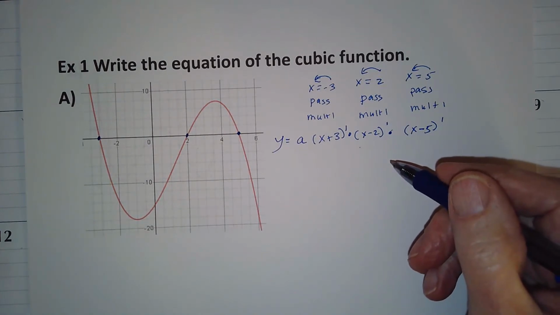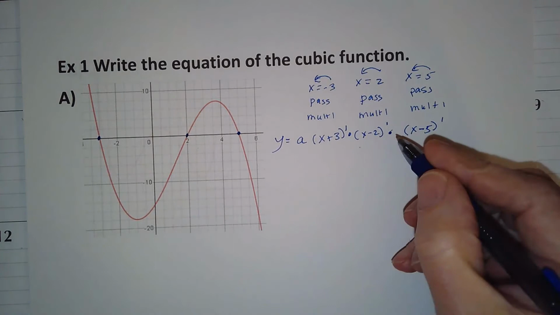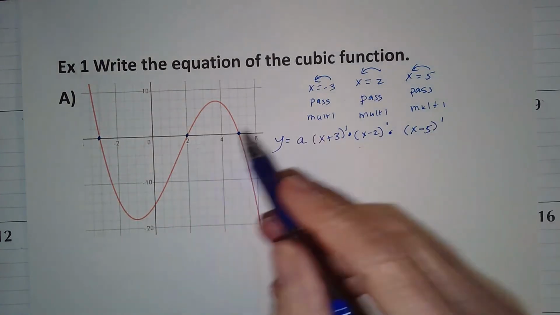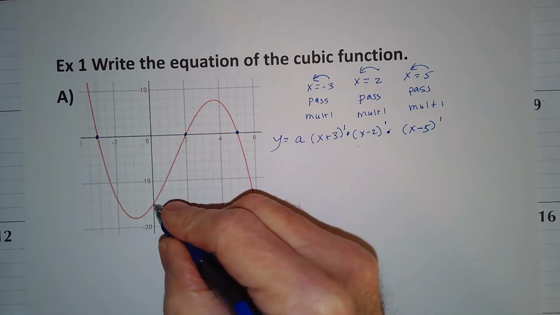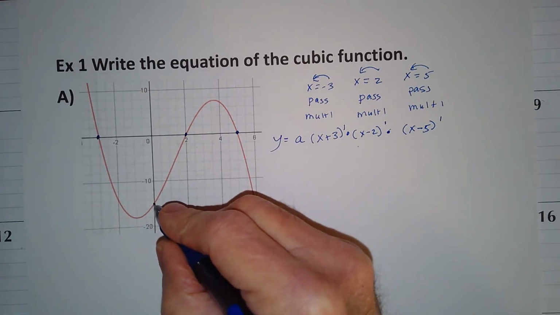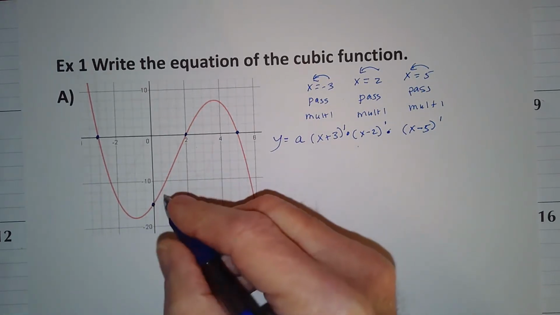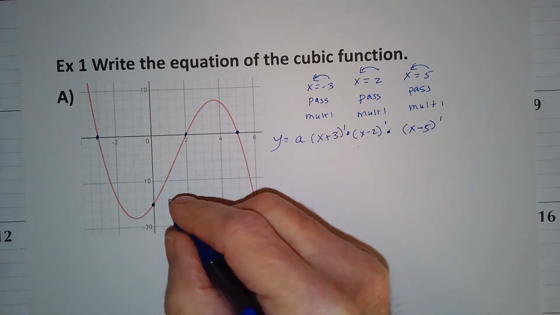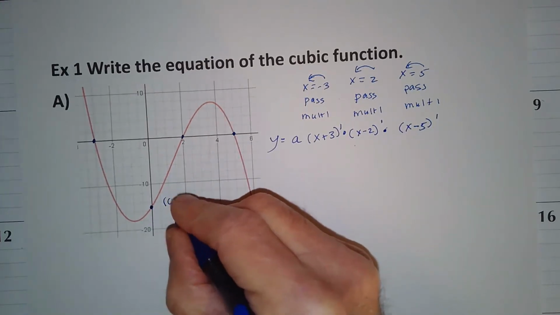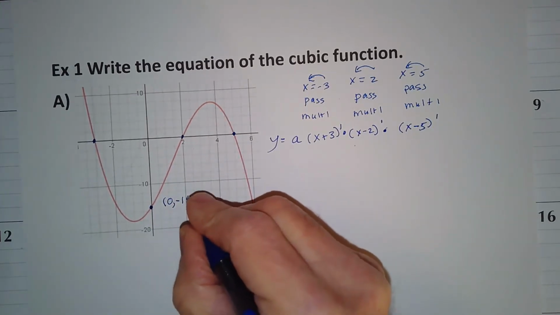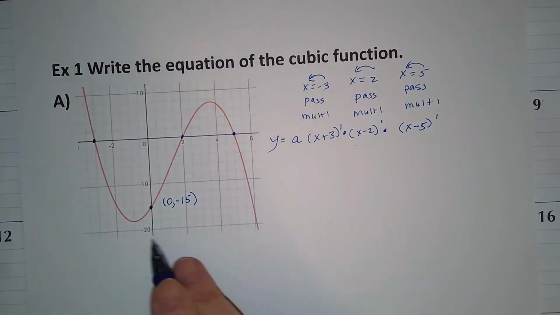All right. So you're going to use also a specific point, and the point is down here. So that's the other thing we're given. And it's kind of hard to see this, but this is at x is 0 and y is -15. Okay? We're going to use that point.